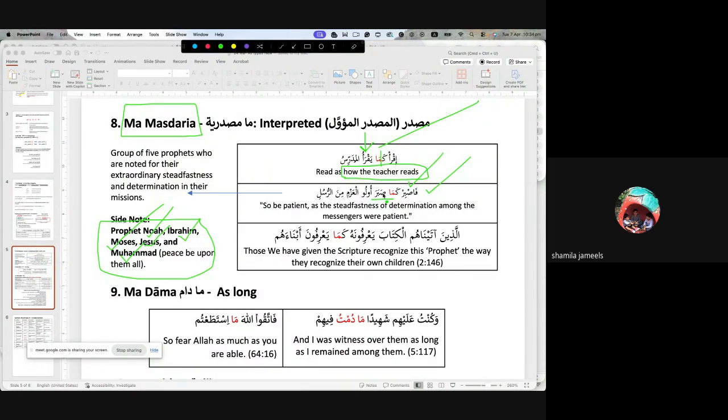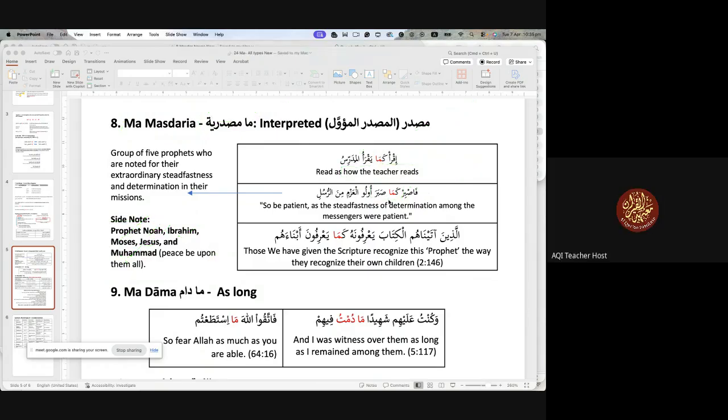Sorry, I will not teach ma Masdariya because instances of its use are very rare. Even this one is not that many. That's why with this exception, this is also considered as ma Masdariya. So I hope the idea, concept, meaning, you got it fully from this chapter, Masdar and Masdar Muawwal.